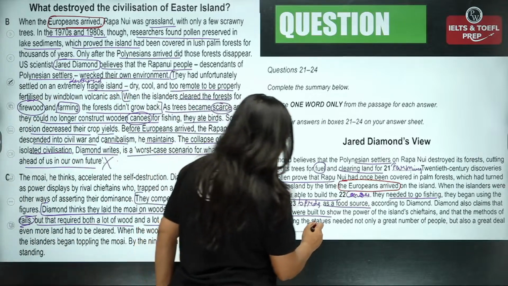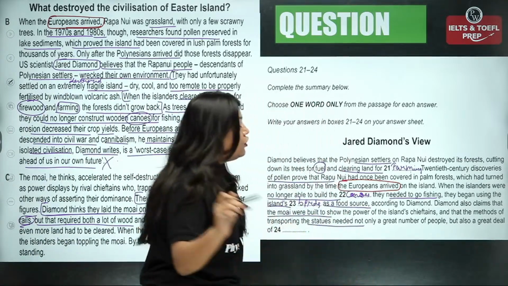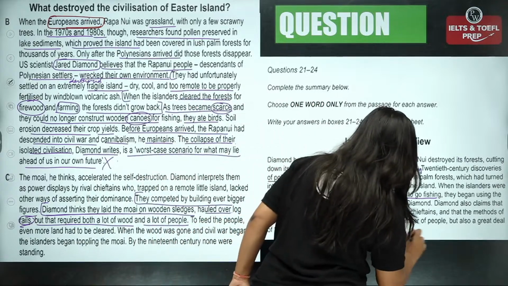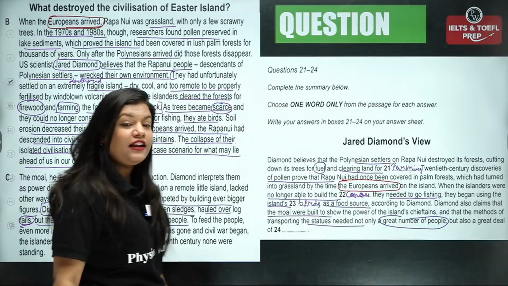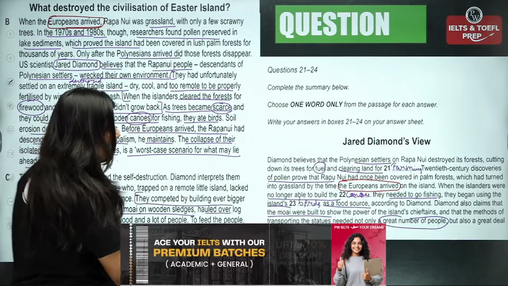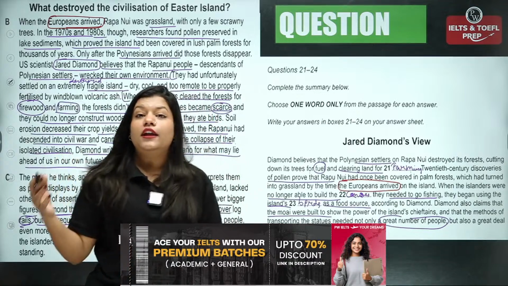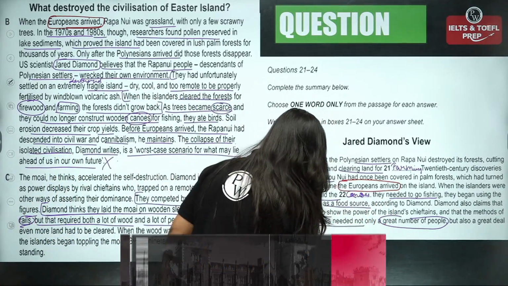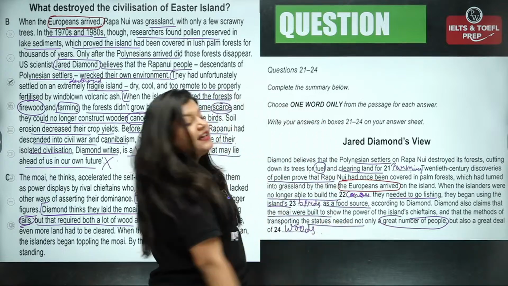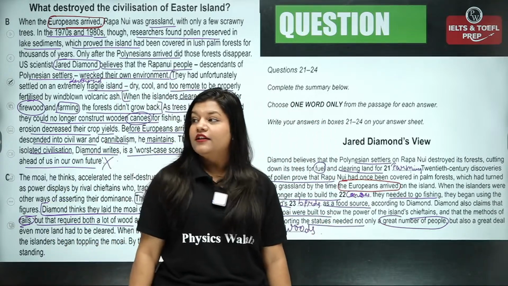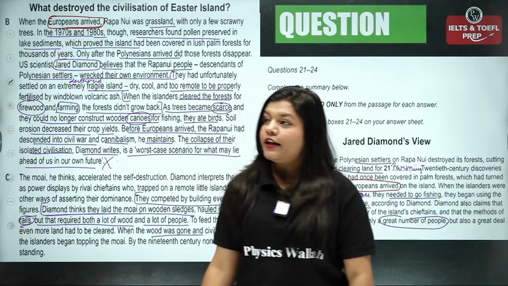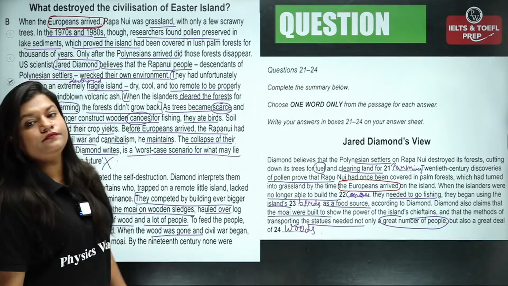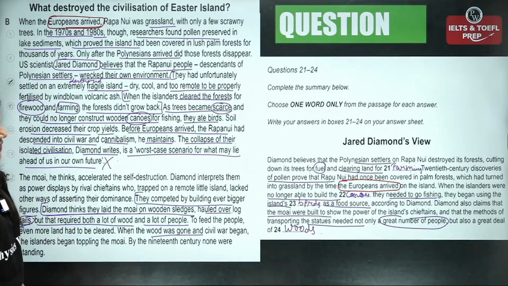Okay, so when they used to transport the statue, it needed not only a great number of people, which is also written over here, but also a great deal of wood, which was scarce in that particular region because of cutting down of trees. Got it? Clear? This is the entire answer.